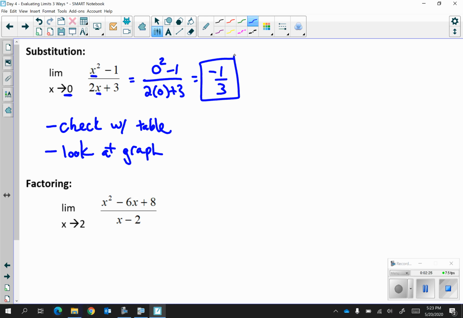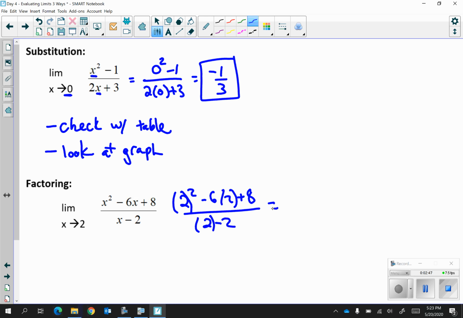Now, if you look at the second one, as x approaches 2, the substitution method won't work, because look what happens when you try to plug in 2. Right?